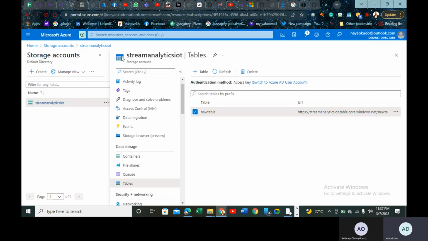Look at this storage account. I named it Stream Analytics IoT. Can you see? The reason why I named it this is because I'm working on analytics, and analytics is talking about stream, like stream data. That means data will be collected every second.